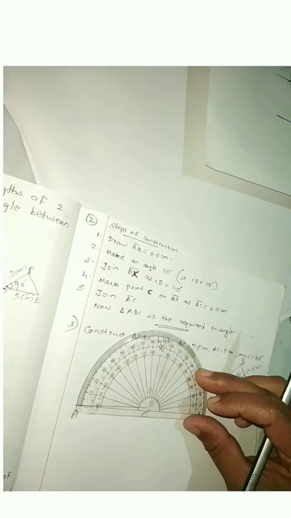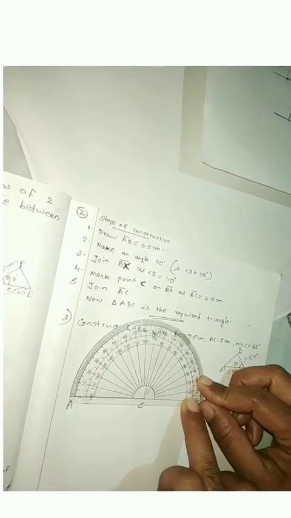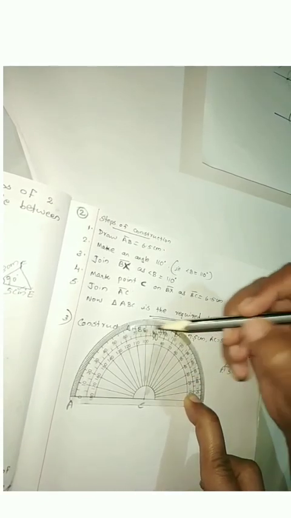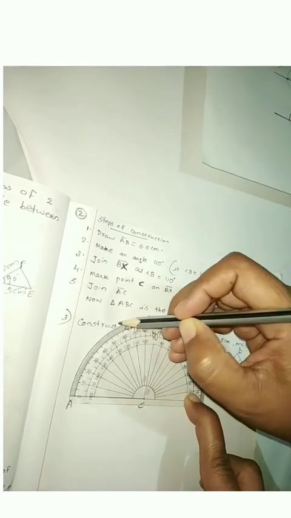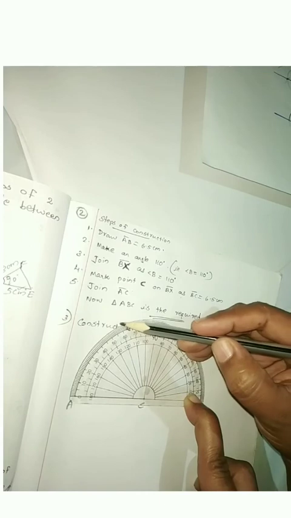After then, by using the protractor we can measure. Keep the protractor on C. Then measure the angle as 60 degree. Here 0, then 60 will be there. We can give this point as X. After then join this C and X.